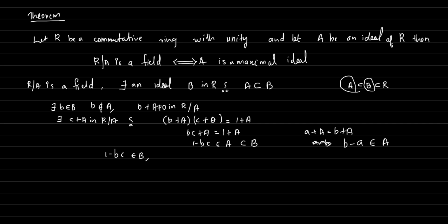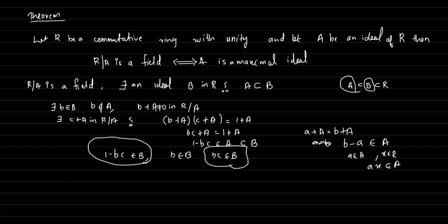Now here b is an element in B and B is an ideal. By the definition of an ideal, we know that for any a in an ideal A and for any element x in the ring R, ax will be in A. So by using this statement, we can say that here b belongs to B and c is an element in the ring, so bc belongs to B. Now look, 1 minus bc is an element in B and bc is an element in B, and B is an ideal, therefore first it will be a subring.